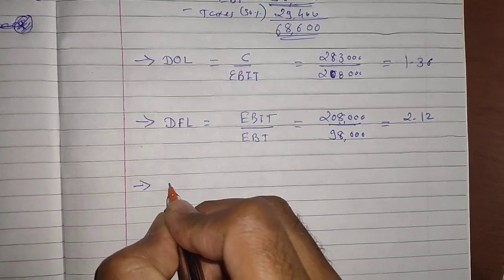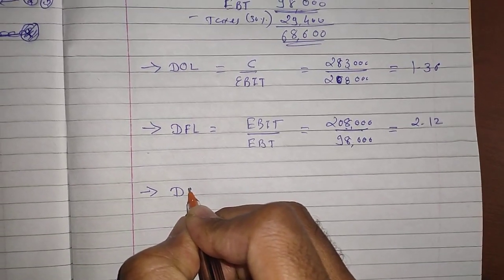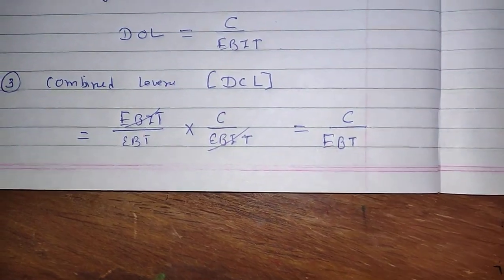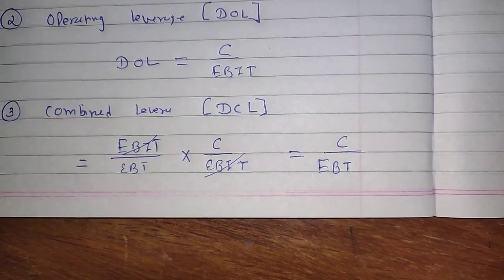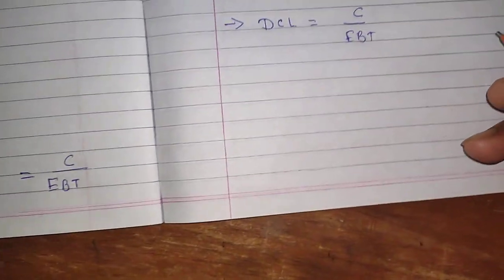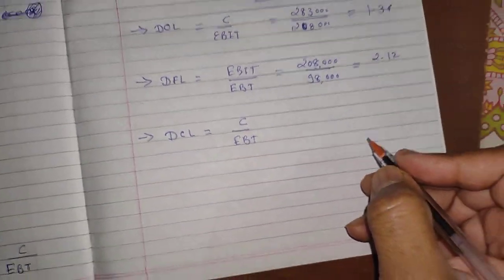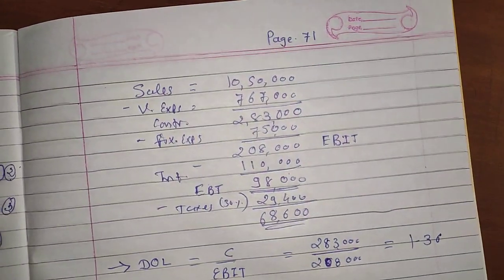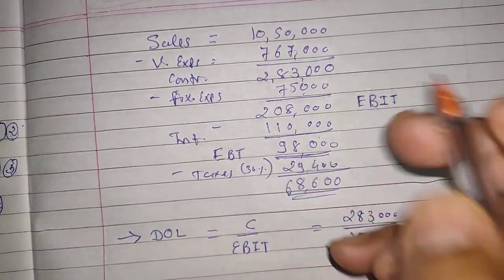Now moving ahead, we need degree of combined leverage, that is DCL. Now as you can see, DCL is equal to C divided by EBT, contribution divided by earning before taxes. If you see above, contribution is 2,83,000.